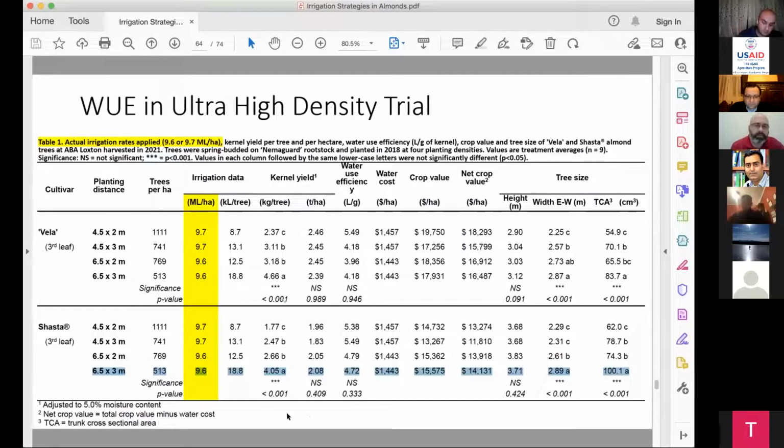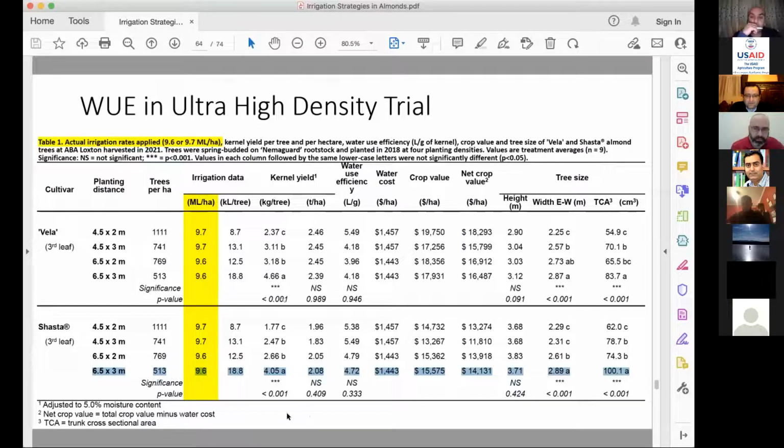If you want to have, for example, 1250 mm per acre per year, that will translate to about 12 megaliters, if that helps. Roughly around that. 1000 tons is a megaliter. 1000 tons, yeah.